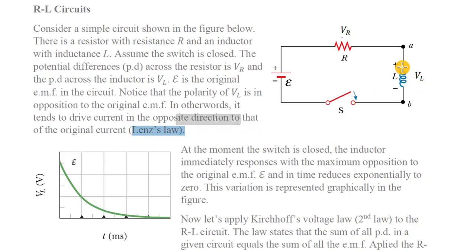And the induced voltage is a consequence of Faraday's law. The current is producing a magnetic field around it. So if the current changes, then the magnetic field will also change. If the magnetic field changes, flux through the coil has changed. And if there is flux changing with time, we expect an induced EMF. Alright, so this is how the inductor works.